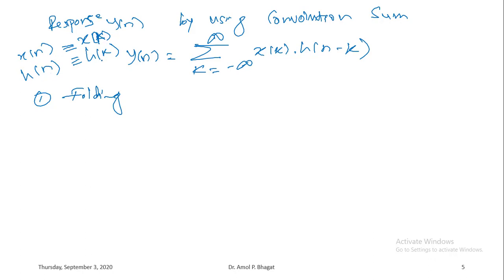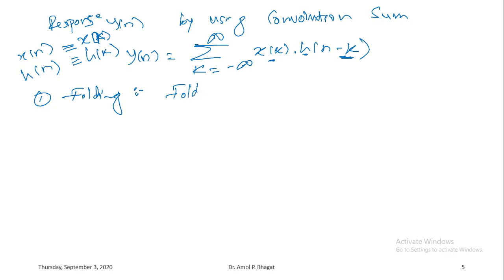Similarly, h of n and h of k will be the same. By using x of k and h of k, x of k is taken as it is, but h of k has to be folded. So h of k is not taken as it is; initially it is folded, and you identify h of minus k from it. So initially it will involve the folding operation. So the first step is folding.